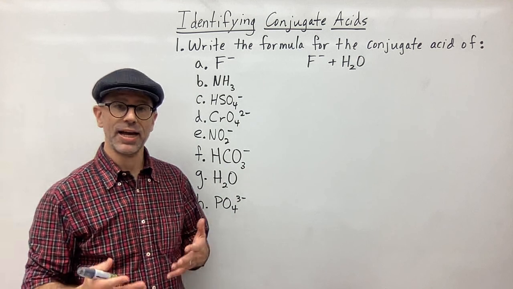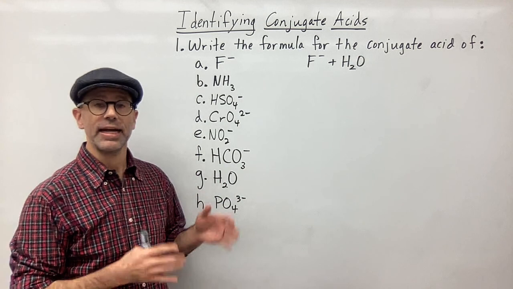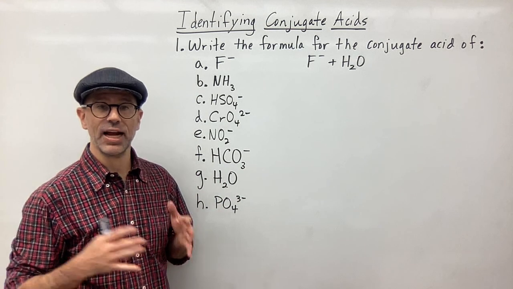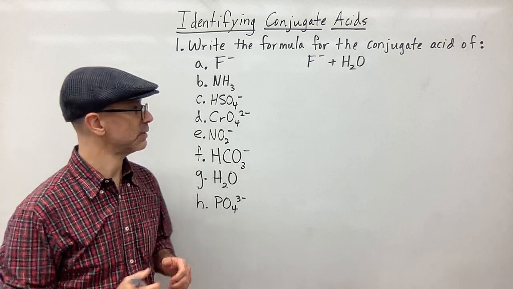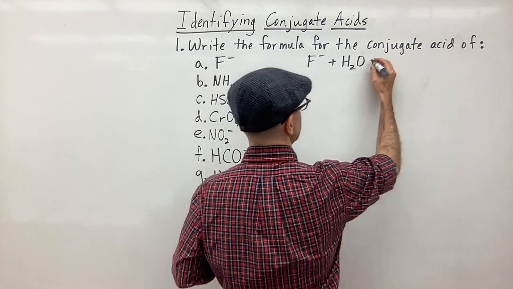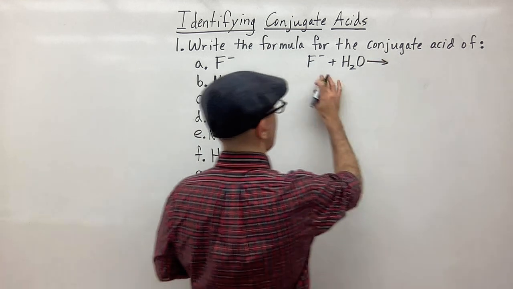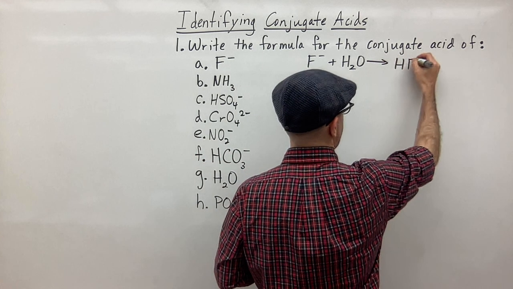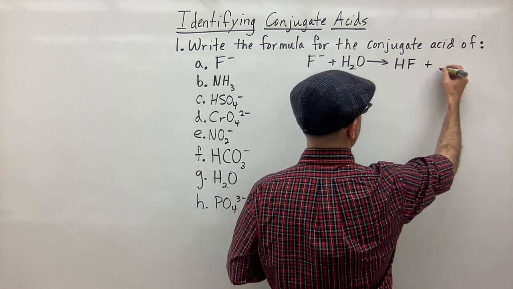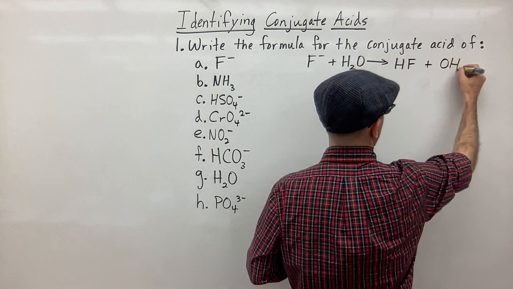Fluoride ion is the anion of a weak acid. And because it's the anion of a weak acid, it will react with water to take back a hydrogen. In this case, it will take a hydrogen from water and reform the weak acid HF, and you'll end up with OH minus.